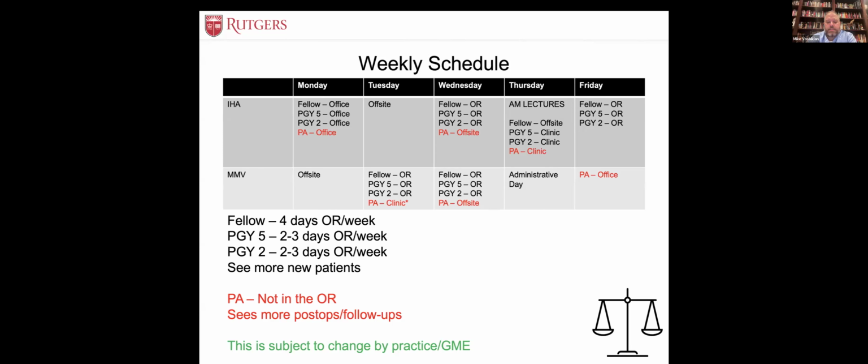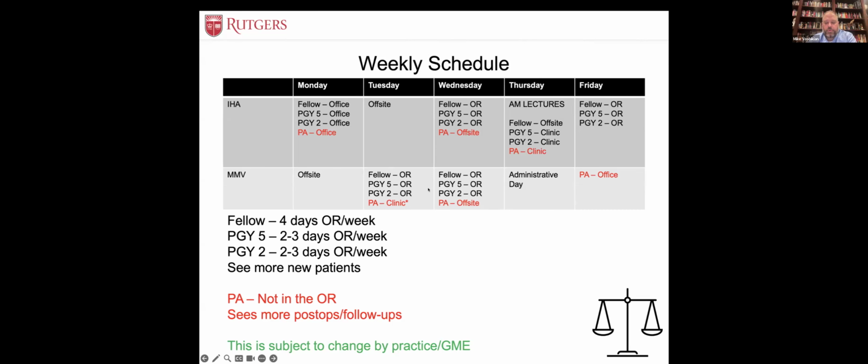Again, this is subject to change by trends in our practice, which sites we're busier at, or by GME or resident changes. The point of this was not necessarily to sell everybody on being an academic hand surgeon, and certainly not a program director, but these are all the things you need to take into account when you're considering how to optimize all of the different hats you have to wear.